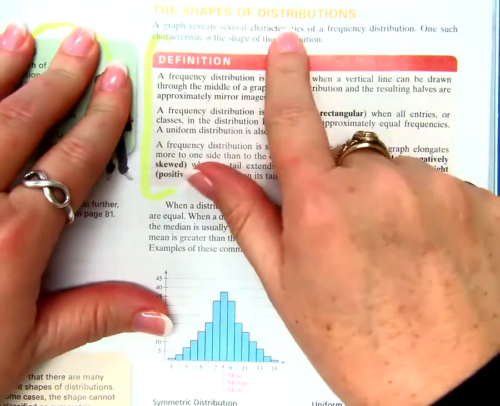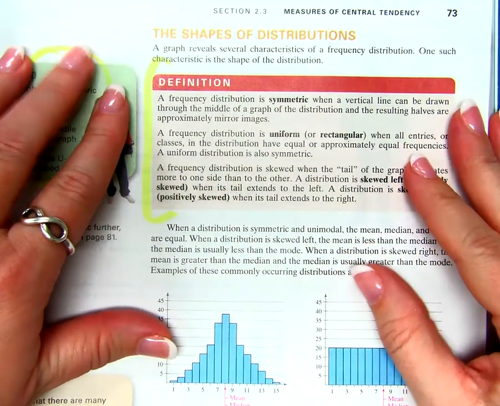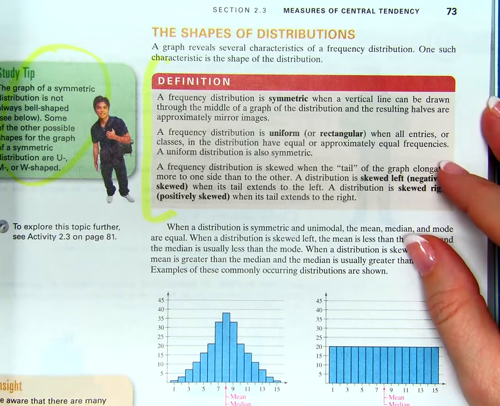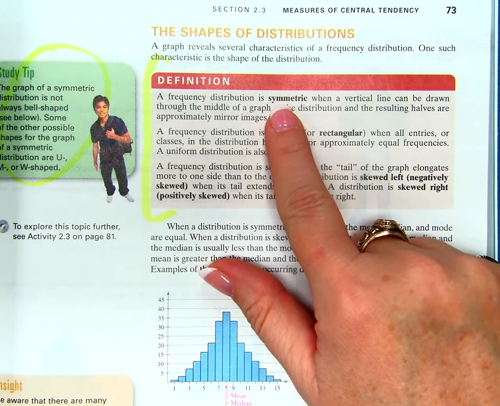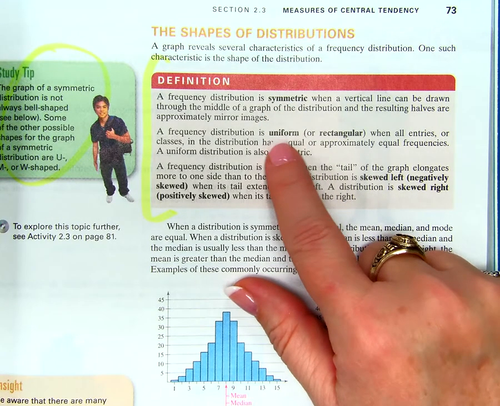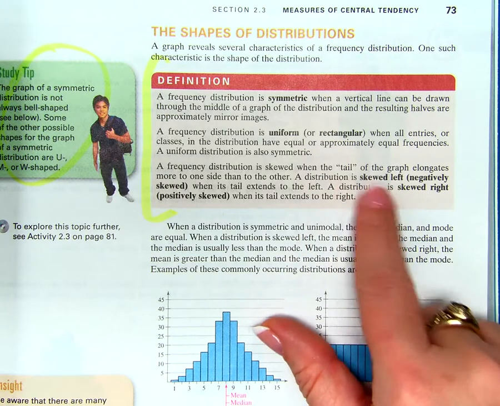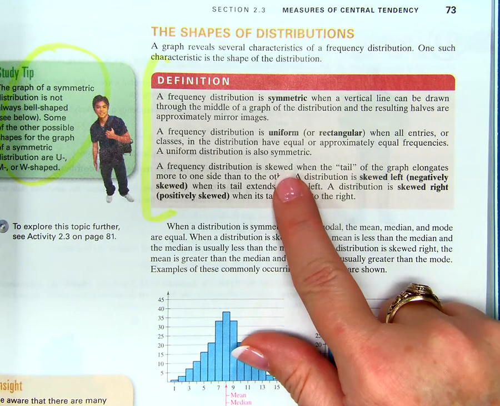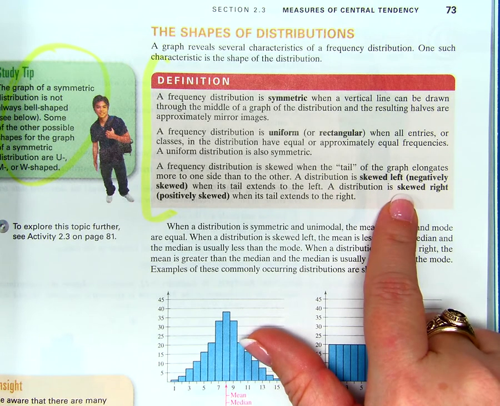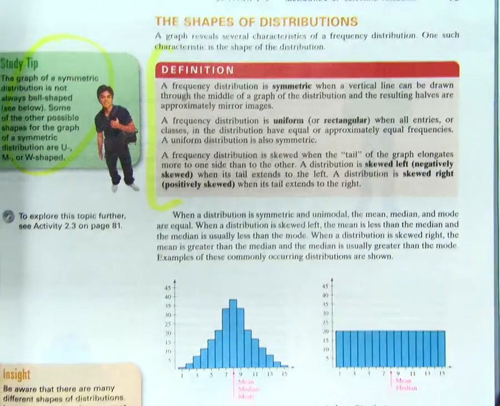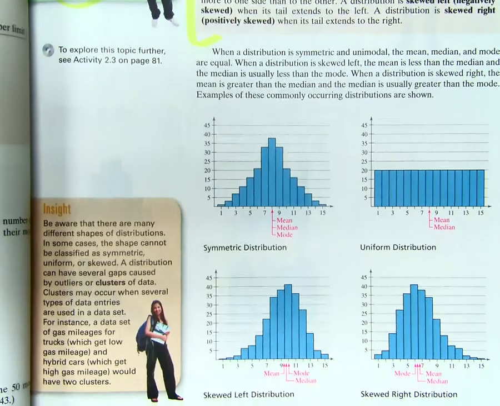So let's talk about the shapes of some of the distributions, the possible shapes. It could be symmetric, it could be uniform or rectangular, or it could have a tail, so it would be skewed either left or right. Let me show you some examples of those so that you can look at it.